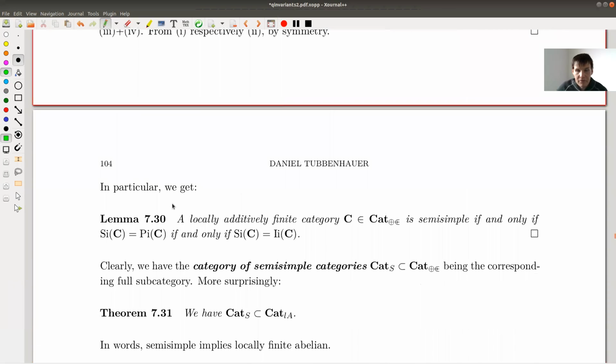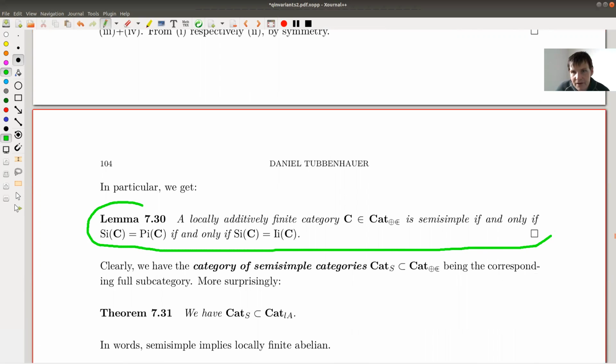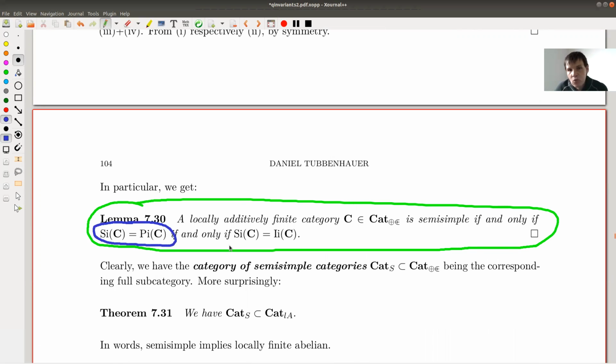The next proposition, actually it's a lemma: a category is semi-simple if and only if the simple objects are the projective objects. Simple equals projective, or dually, of course, simple equals injective. So the projective objects, if they're not simple, measure how far away your category is from being semi-simple.